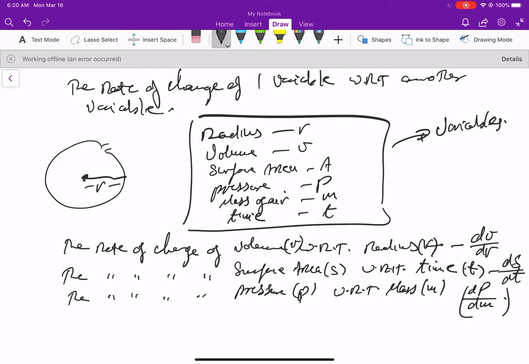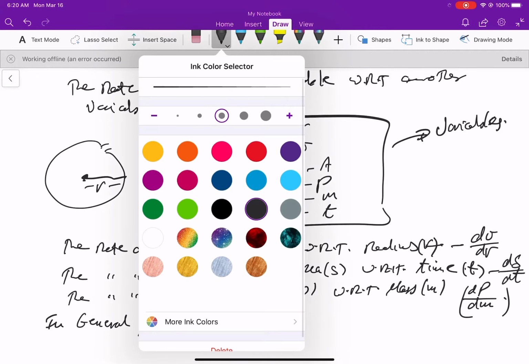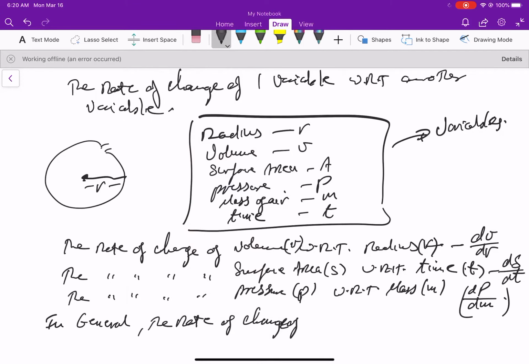In general, because in this math course your two most favorite variables would be y and x, if I wanted to find the rate of change of y with respect to x, the notation for that will be dy/dx.